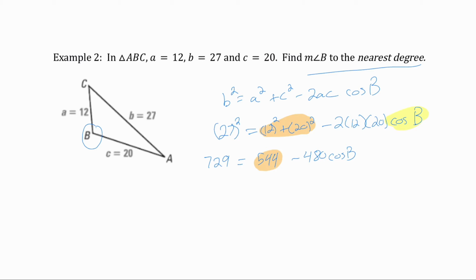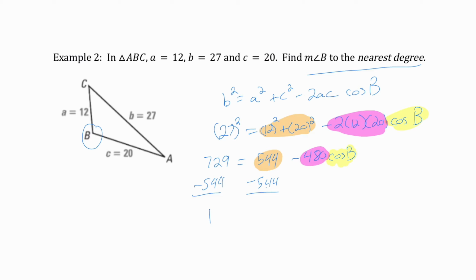What's happening here is we're taking these three things, multiplying them together. Ultimately, again, our goal is to find the cosine of angle B, this guy right here. Following our order of operations, the next thing we could do is subtract this 544 over, since it's by itself. So we have 729 minus 544.